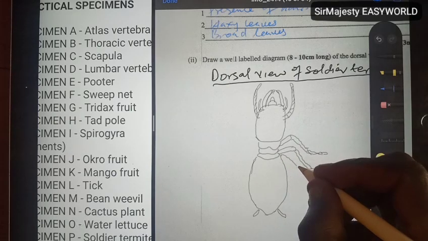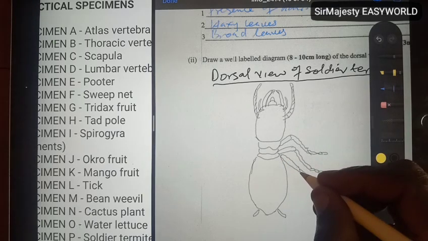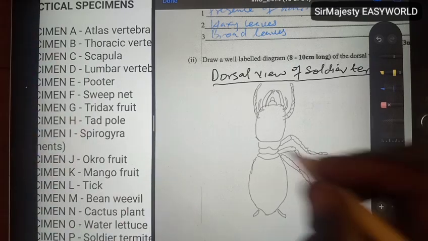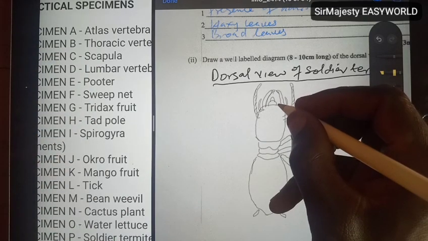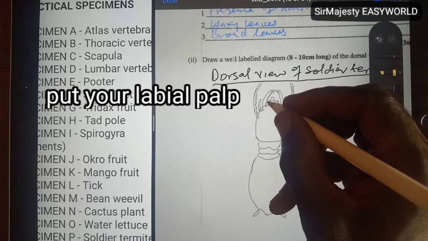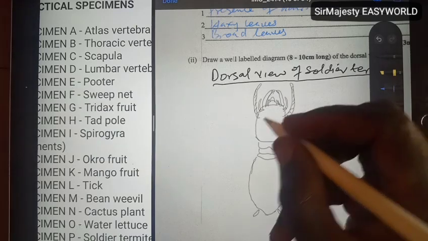So you might decide to bring this one down. Femur, tibia, the tarsus. So in the same way, then don't forget to put your labium, because they say detail labeling should be there.